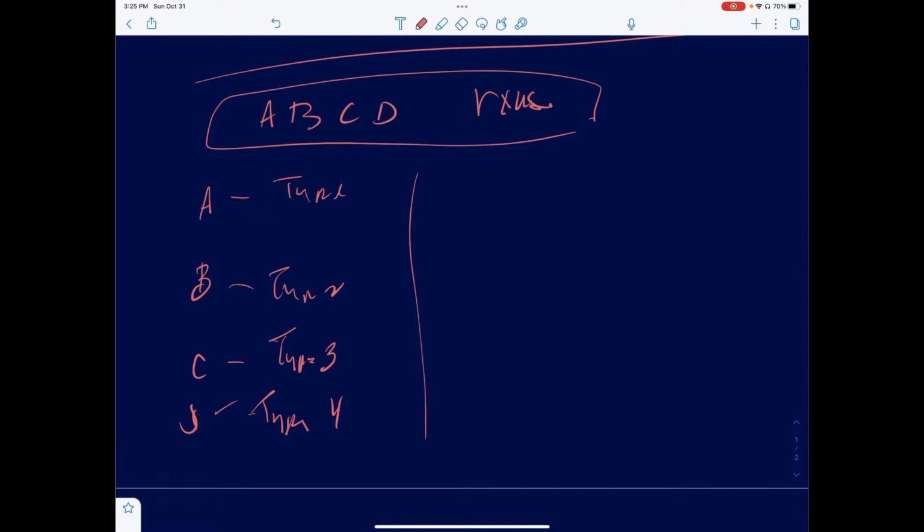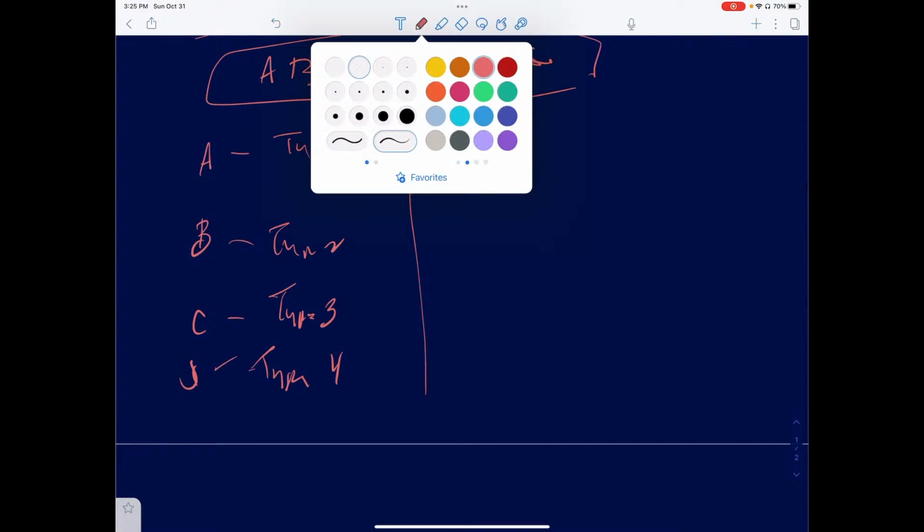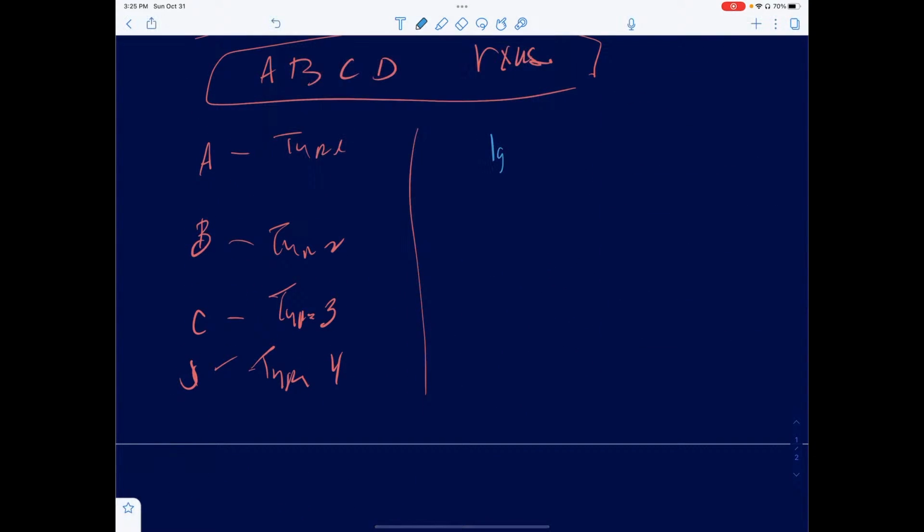All right. Now, type 1. We know that type 1 is mediated by IgE. Okay.